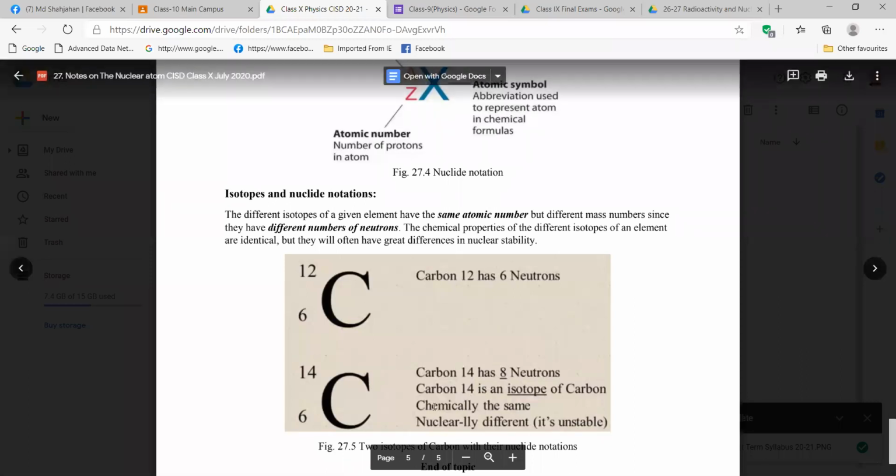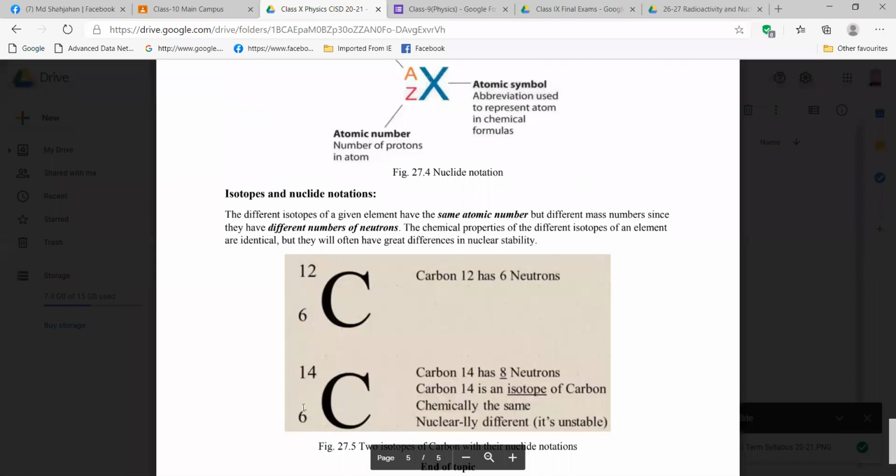Why chemically the same? Because if there are 6 protons, then the number of electrons is also 6, and here also the number of electrons is 6. In chemical reactions nothing changes in the nucleus; only the electrons change or are shared.